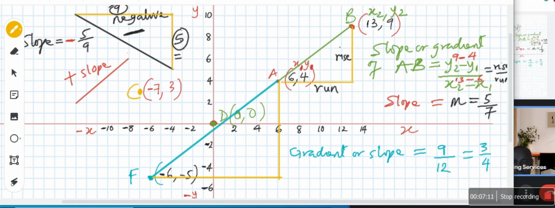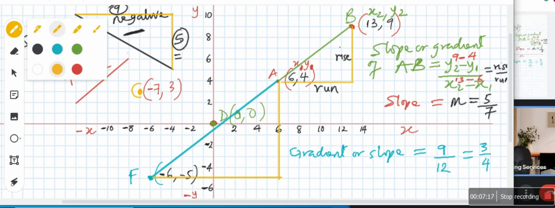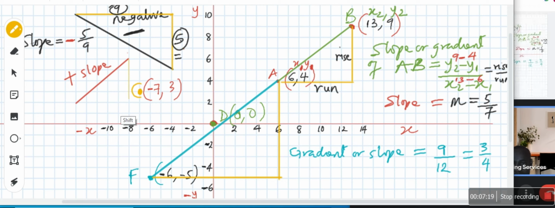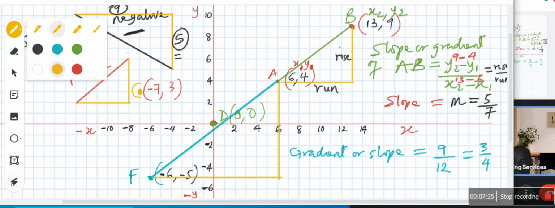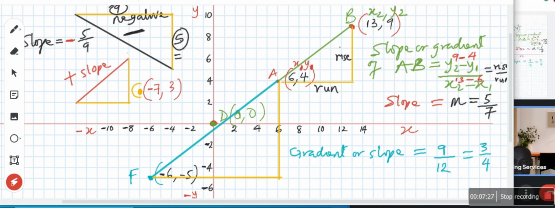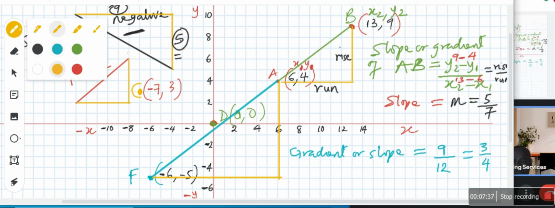And of course, finally this one, you will see how that plays out here. The same thing. You also have the rise, 1, 2, 3, 4. Run, 1, 2, 3, 4, 5. Okay, rise is 4.